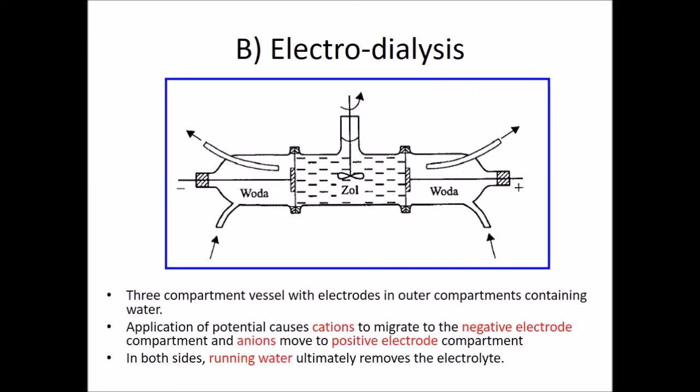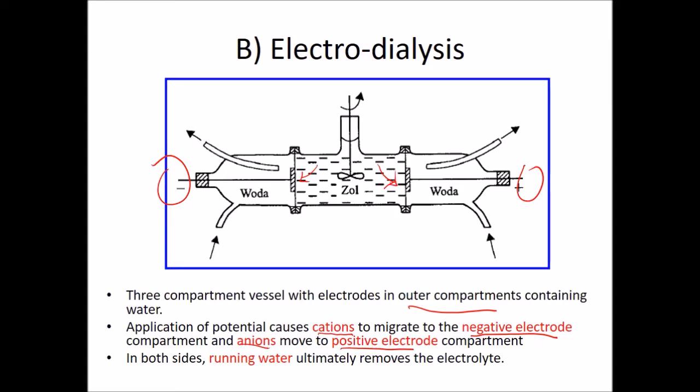This is an example of electrodialysis. It has a three-compartment vessel with an electrode in each outer compartment. Application of a potential causes the cations to migrate to the negative electrode, and the anions to move to the positive electrode.